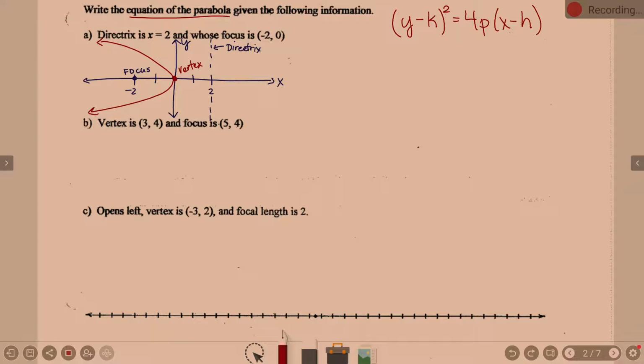So one way or another, you have to figure out which equation we are filling in. Now, when I say filling in that equation, what is it we have to know? We have to know h, k, and p. Every equation you write, you have to know h, k, and p. X and y are going to be the variables that stay in our equation.